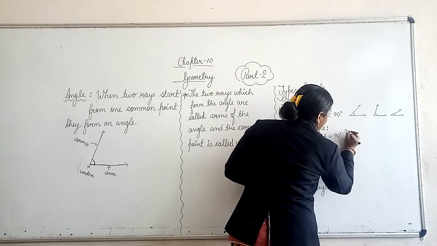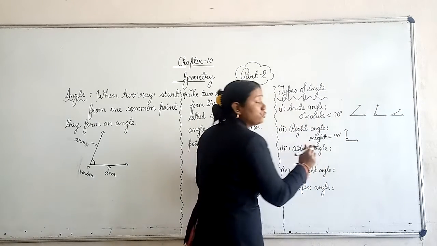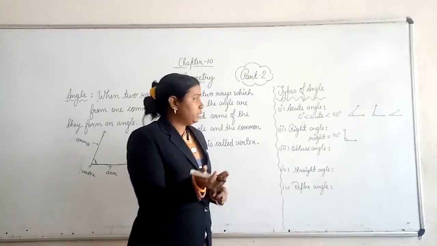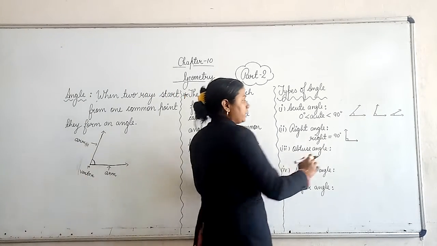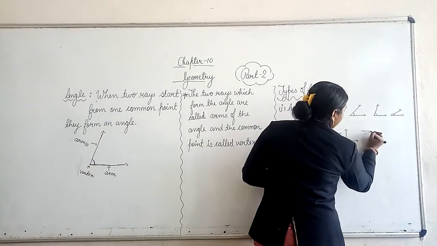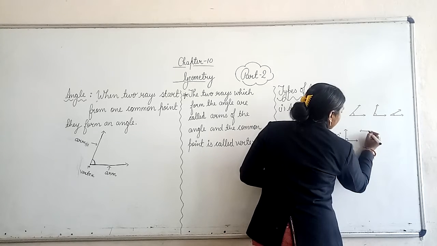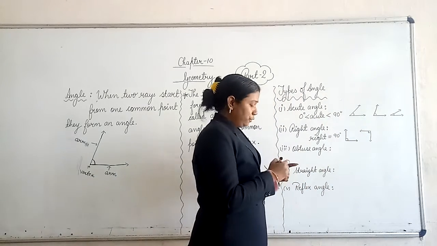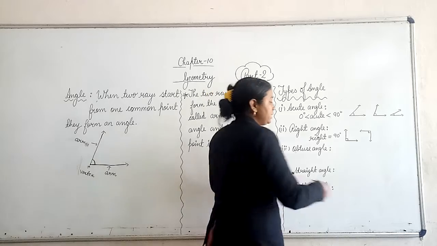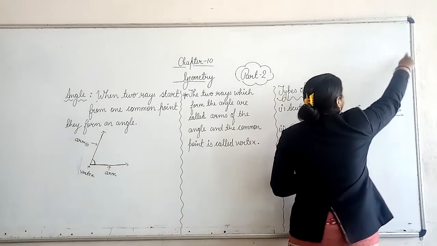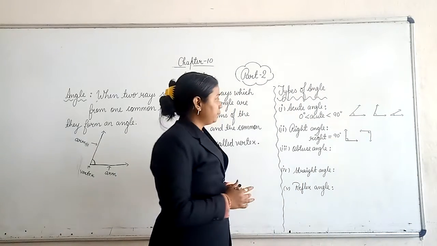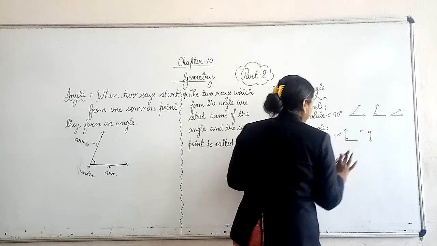It forms an L shape, and this is the symbol we use to indicate a right angle. Even on this whiteboard, these edges are forming right angles. So these are right angles.